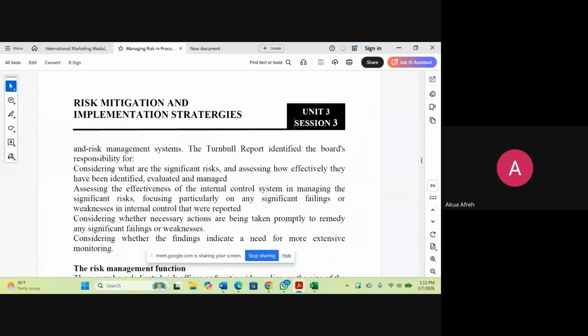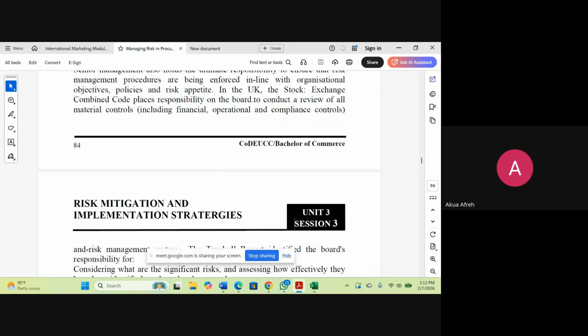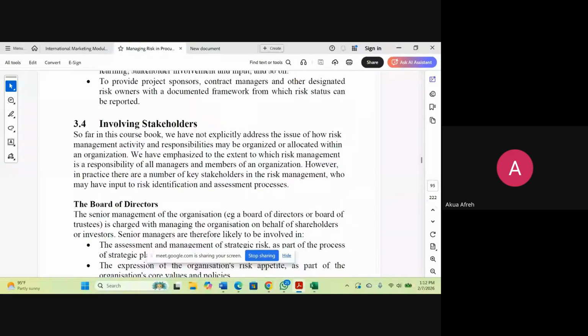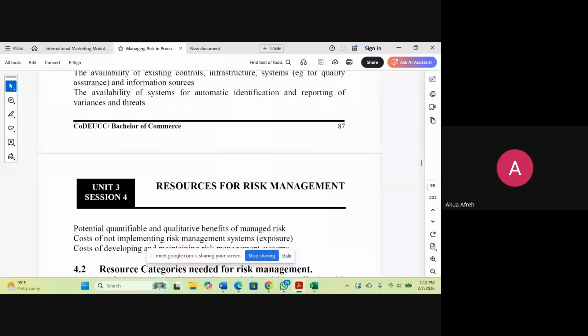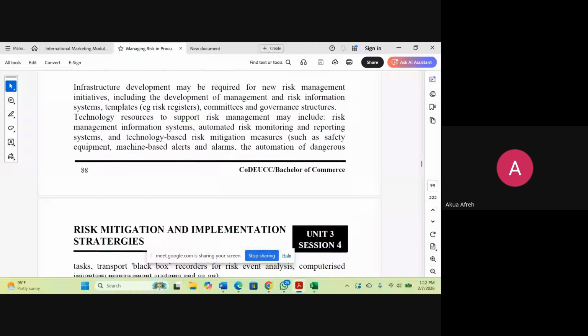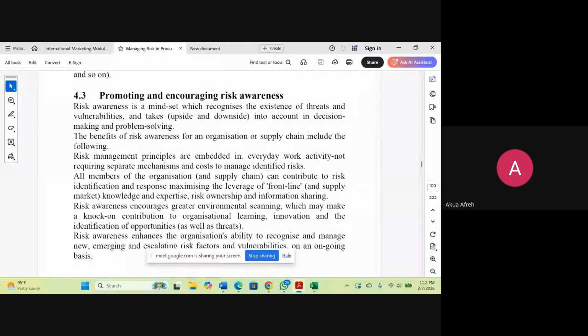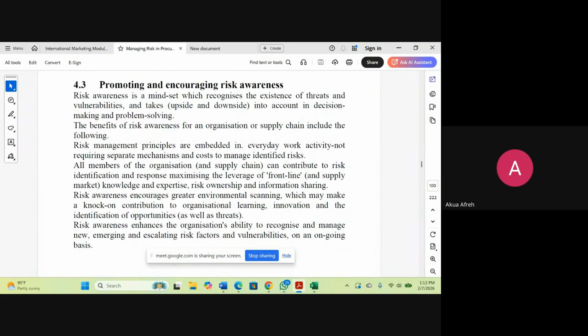Okay, then I think we would move on to risk awareness. How do we promote and encourage risk awareness in the organization?